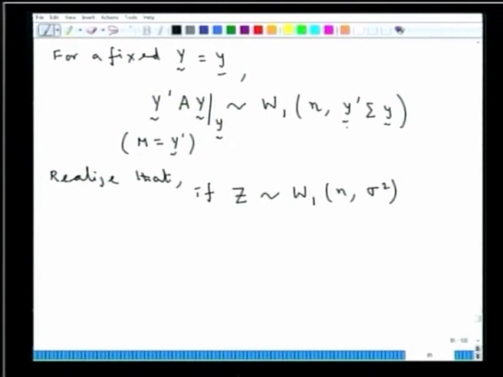As you can see here, this is y transpose Σ y, so this is 1 by m, this is m by m, and this is m by 1. Hence y transpose Σ y is actually a scalar quantity.